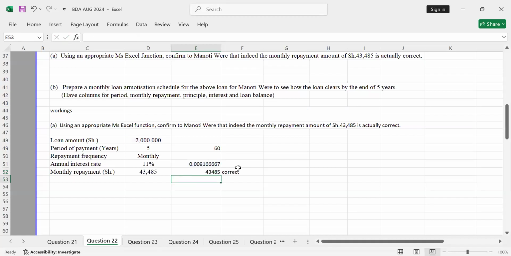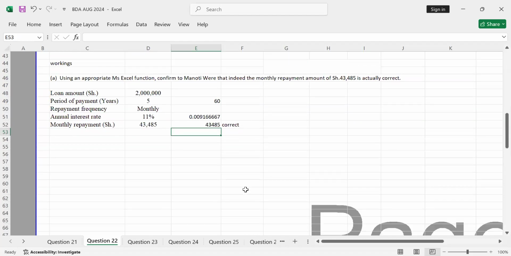Once you do that, that is the installment payment, which is our monthly equal repayment, which now represents the annuity. The annuity. I'm hoping up to that point it is okay.